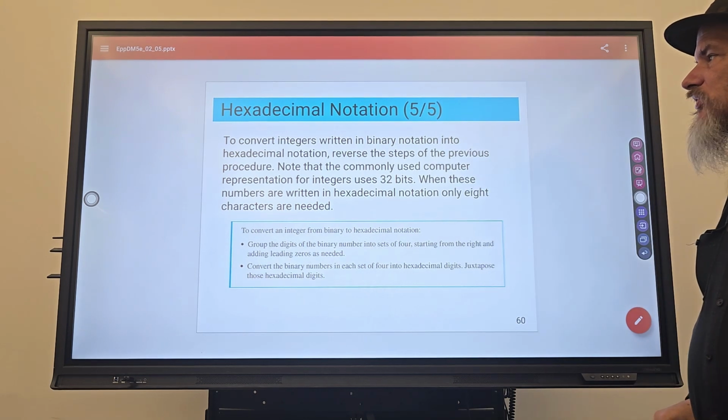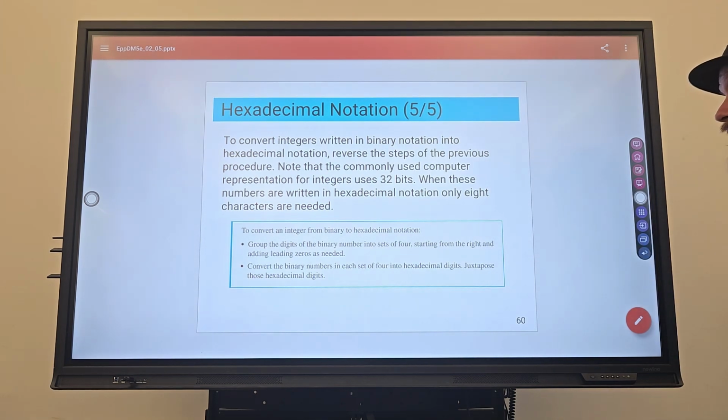To convert integers written in binary notation to hexadecimal, reverse this process. Note that the commonly used computer representation for integers uses 32 bits. When these numbers are written in hexadecimal notation, only 8 characters are needed.